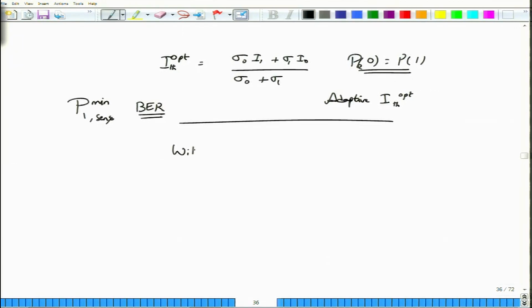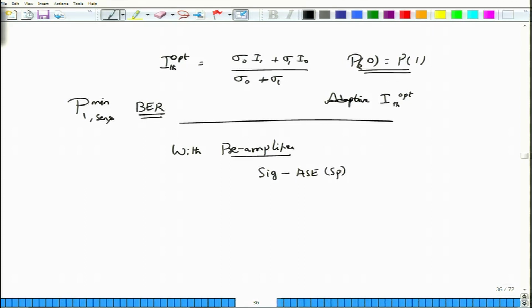Now, when you include a preamplifier, things change dramatically, because the preamplifier is usually a high gain amplifier that we incorporate to raise the signal levels that we have received. The dominant noise source that you are going to get will be the signal-spontaneous beating, or the signal spontaneous noise beating.